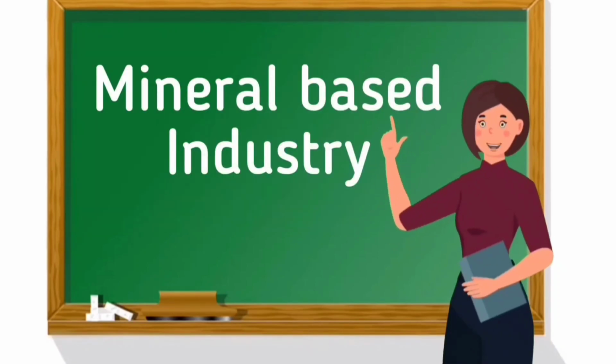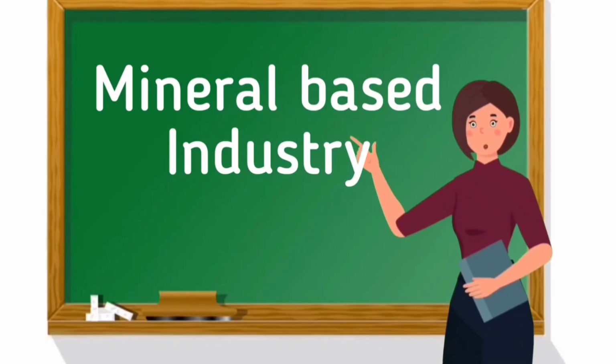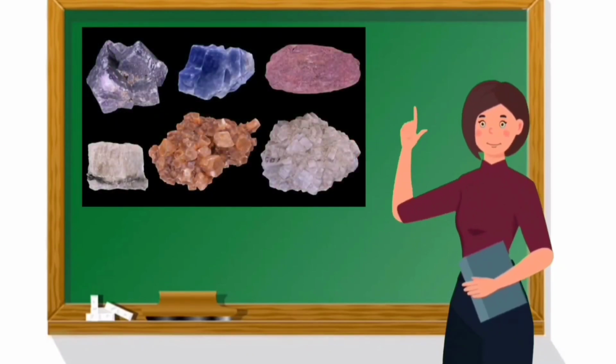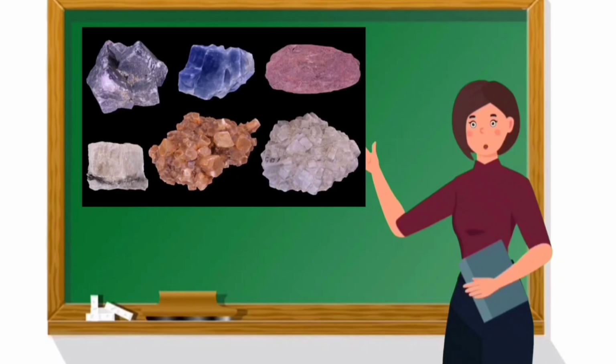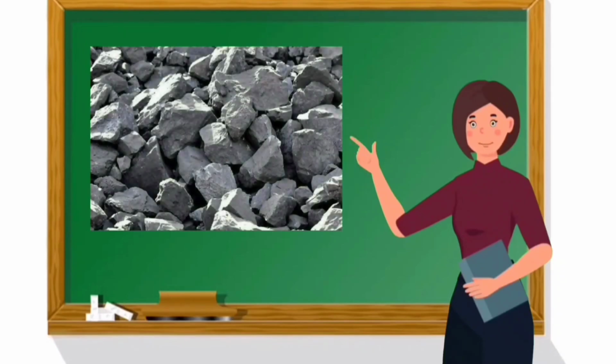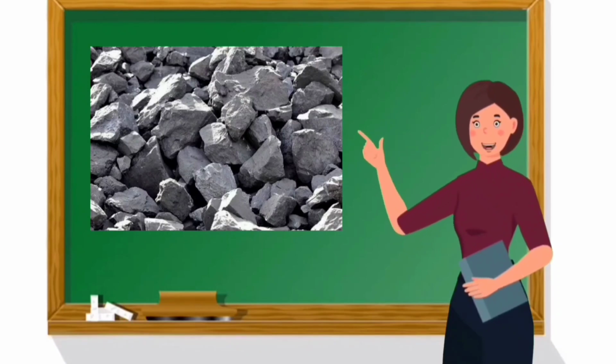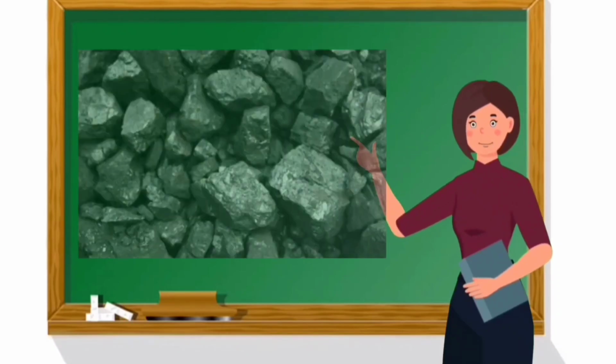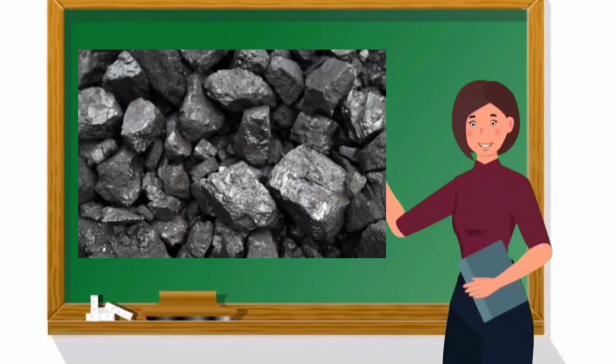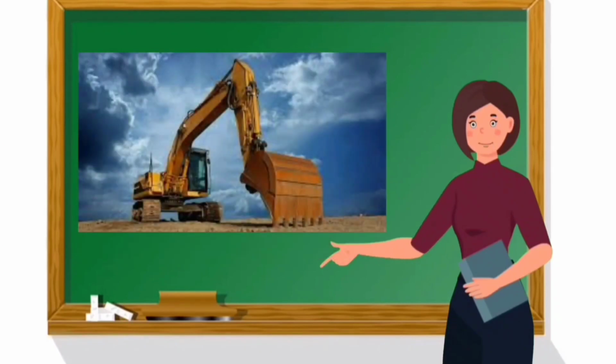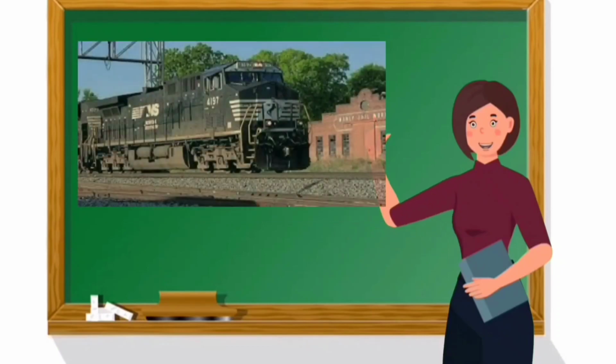Mineral based industries are primary industries that use minerals as their raw materials. The products of these industries feed other industries. Iron made from iron ore is the product of a mineral based industry. This is used as a raw material for the manufacture of a number of other products, such as heavy machinery, building materials and railway coaches.